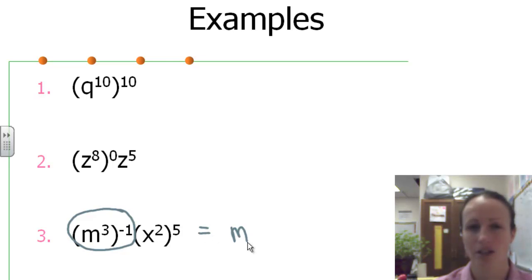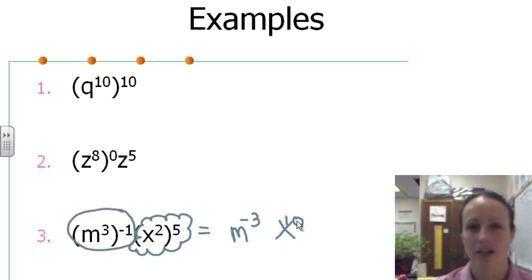So you're going to have to be thinking to yourself what you do when you have a negative exponent. And then if we take the x portion of this expression, x squared raised to the 5th power, and remember you're multiplying your exponents, 2 times 5 puts an exponent of what on your x? That's right, and it's an exponent of 10.